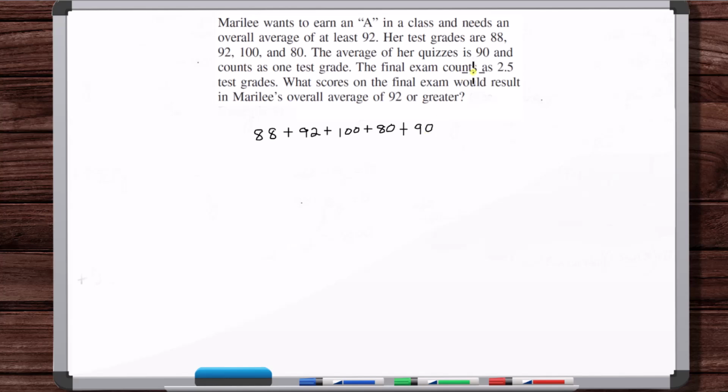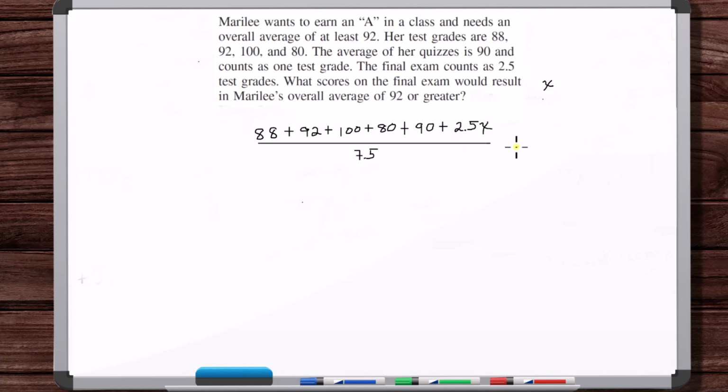That's her quizzes, which is just 1 test grade. Now the final exam, so we're trying to solve for X. We're saying X is the score on her final exam, right? Now this is 2.5 test grades. Okay, and then the average is divided by 1, 2, 3, 4, 5 plus 2.5, so 7.5. You see, it's like a weighted average.